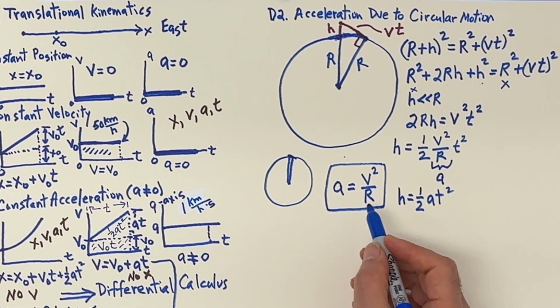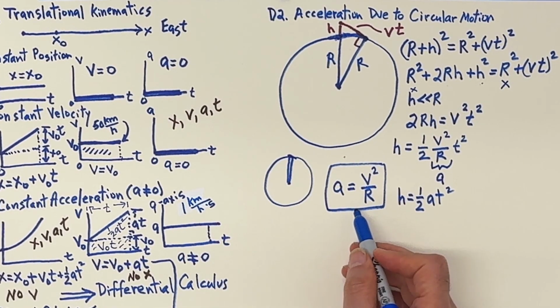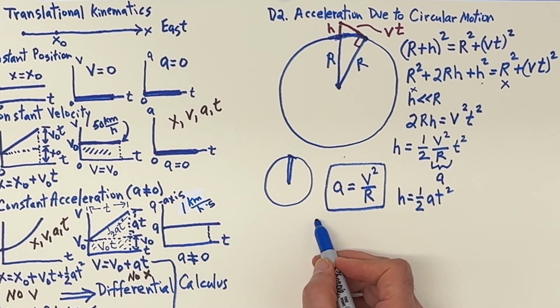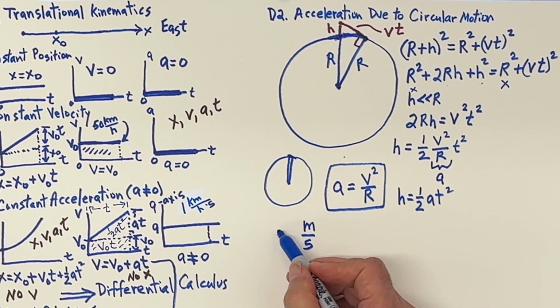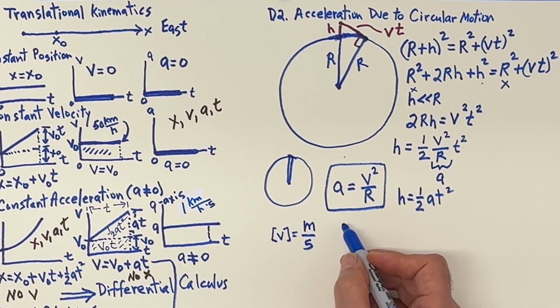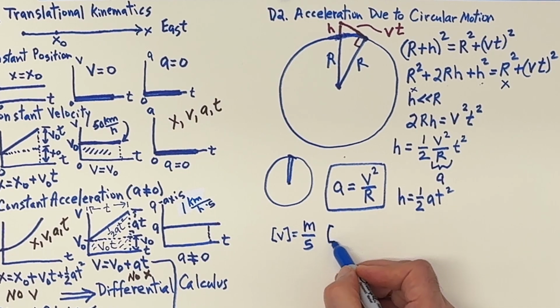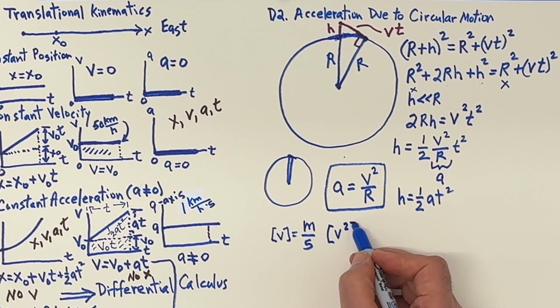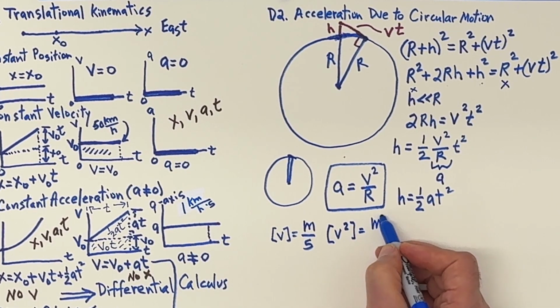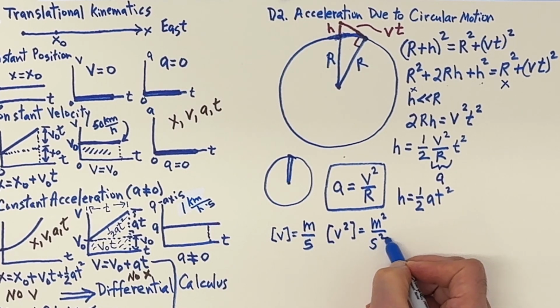So notice that the units come out like they're supposed to. Here, the velocity is meters per second. If you go, say, v squared, you would have meters squared over second squared.